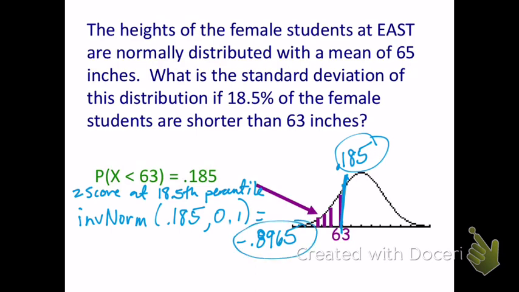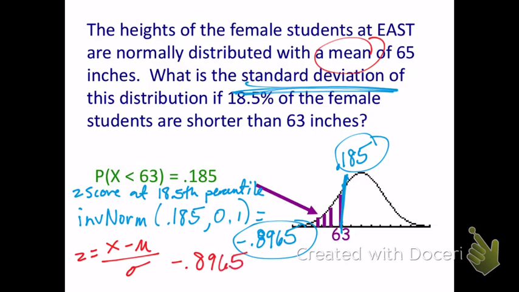So this is my z-score at 18.5%, and I'm trying to solve for the standard deviation, and it gives me the mean. So the z-score formula is z equals x minus mu over sigma. I have my z-score, negative 0.8965. I have my x value, which is 63.